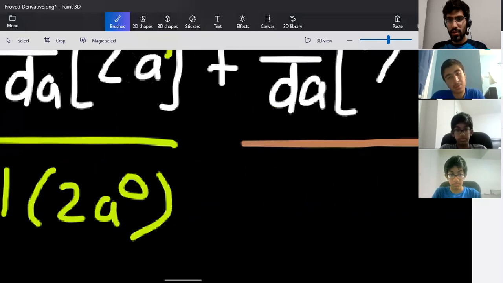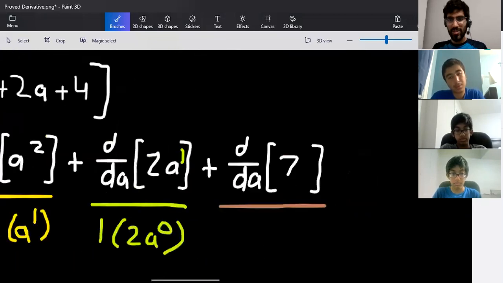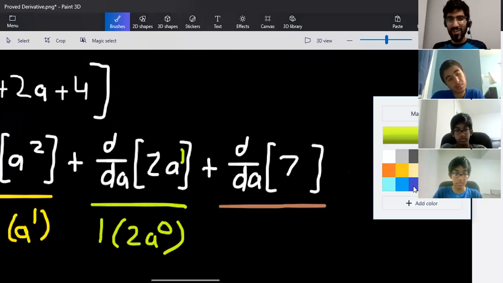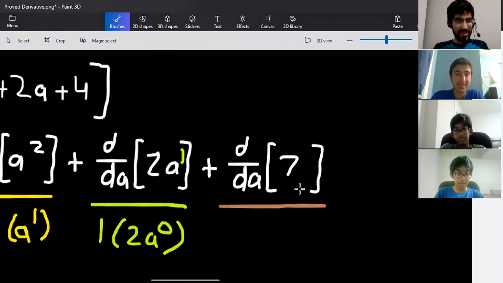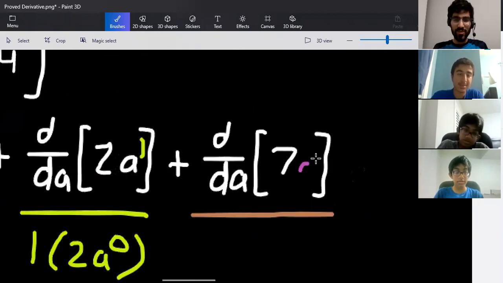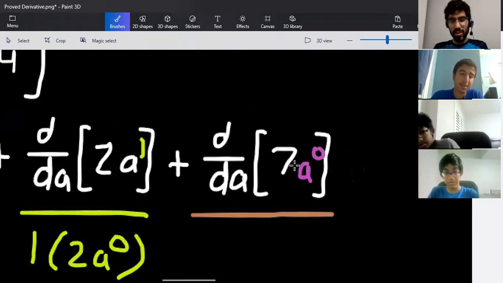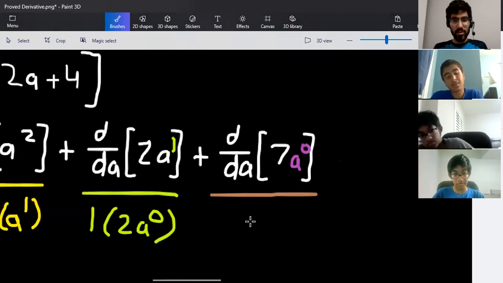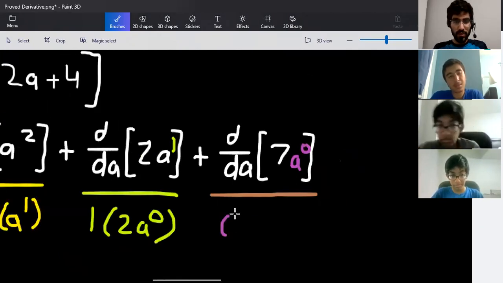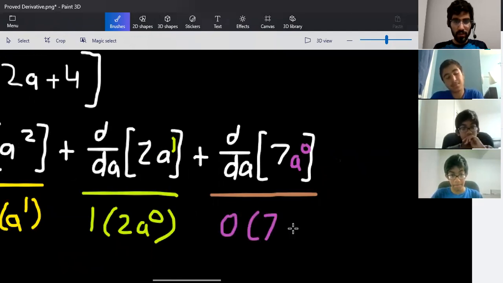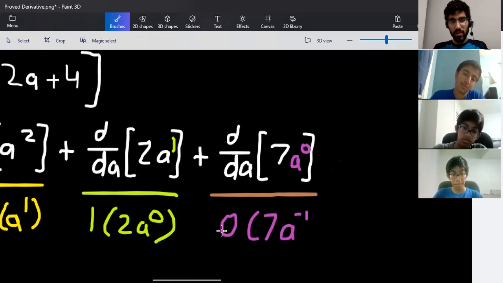And then finally, remember this tricky one? Arjun, are you feeling confident? Or would you like me to do it? It's just going to be 0. So this is imaginary a to the 0 multiplication. Bring the 0 up front, and then the rest you just put in here, 7a, and subtract 1. Except if you multiply by 0, it's automatically equal to 0.